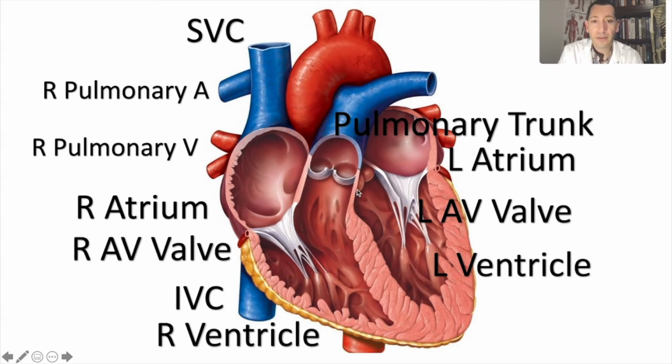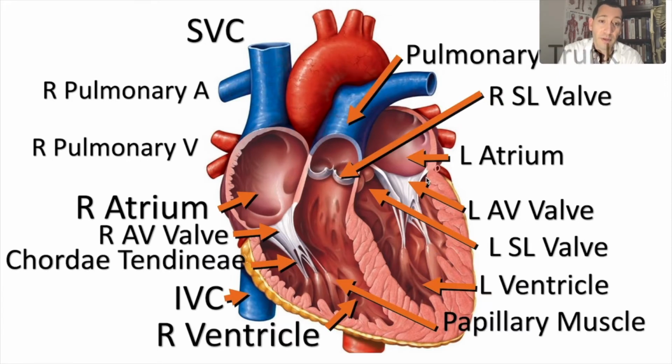And actually, as long as we're at it, what happens on the right side of the heart happens on the left side at the exact same time, or almost the exact same time. In other words, when blood fills up here in the right atrium, blood also fills up here in the left atrium. And when this blood flows into the right ventricle, blood is also flowing into the left ventricle at the same time.